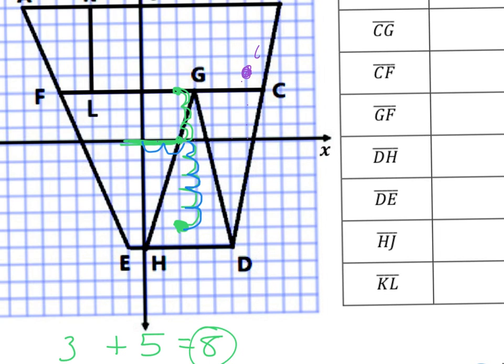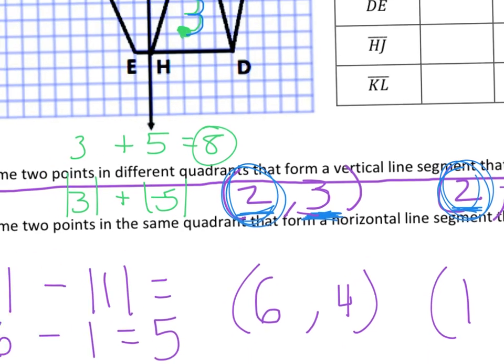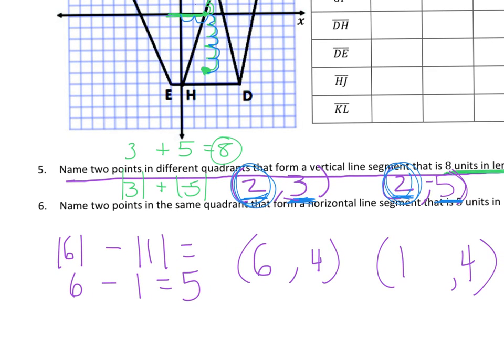That's 6, 4. And now I have 1, 1, 2, 3, 4. 1, 4. Same quadrant, and now 1, 2, 3, 4, 5 jumps, or a distance of 5, which is what I needed right here.